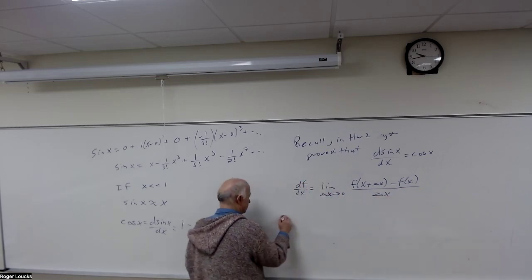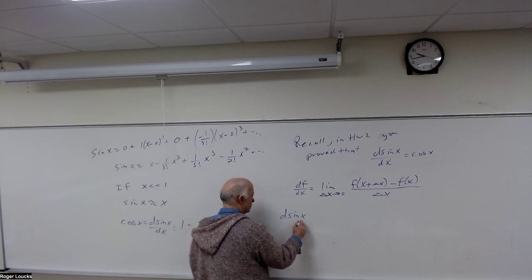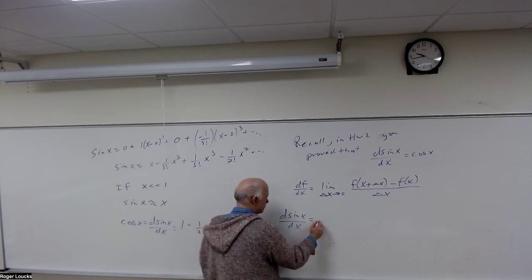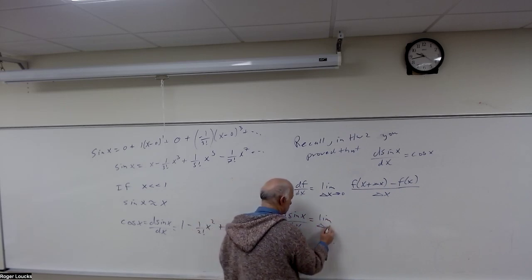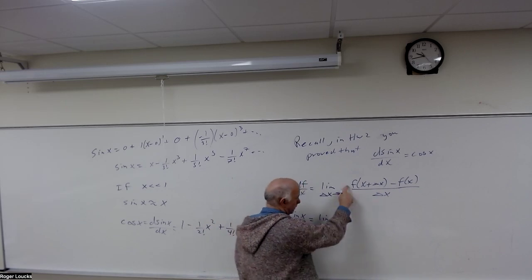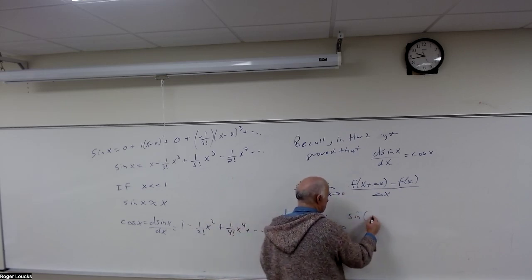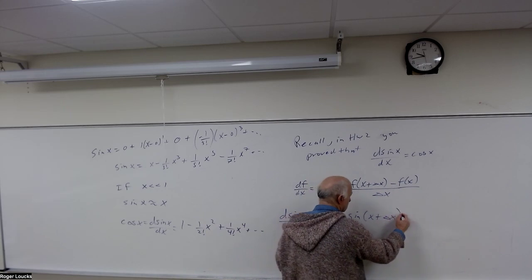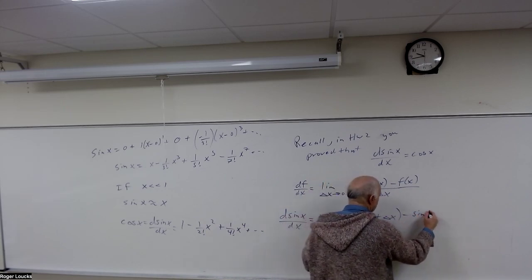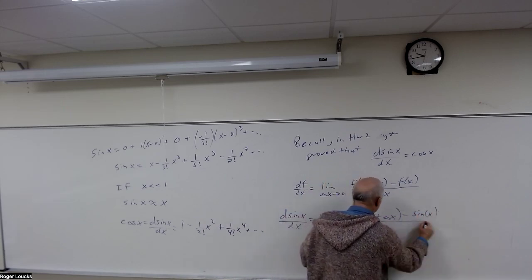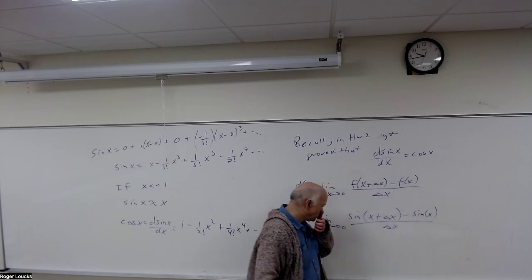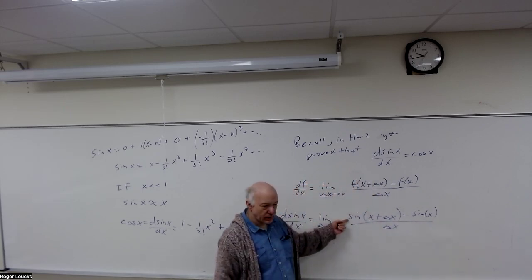So if I have this, what do we have? We have the sine of x plus delta x minus the sine of x all over delta x. What did we do here?